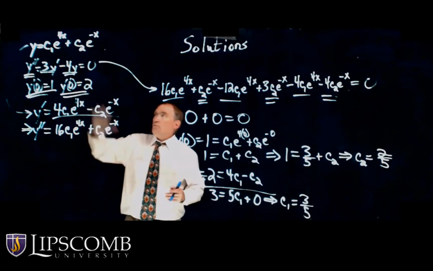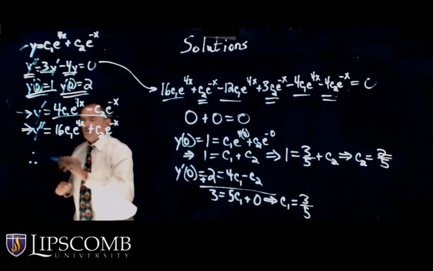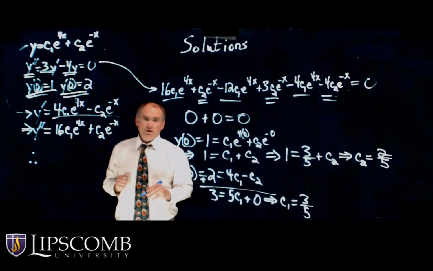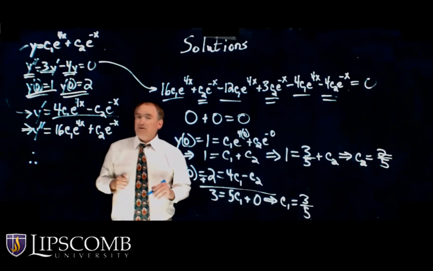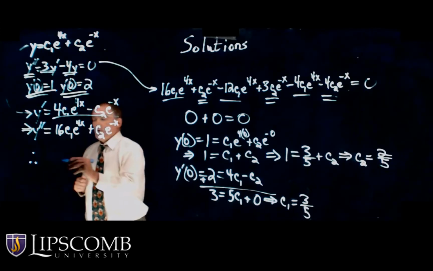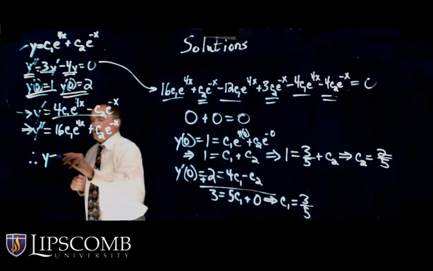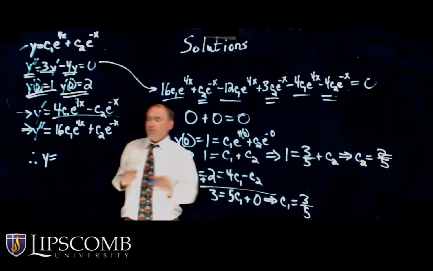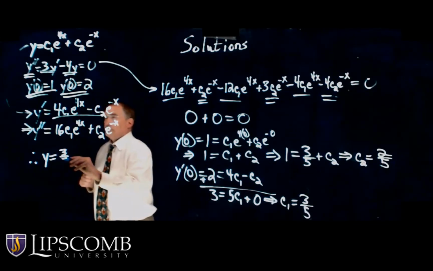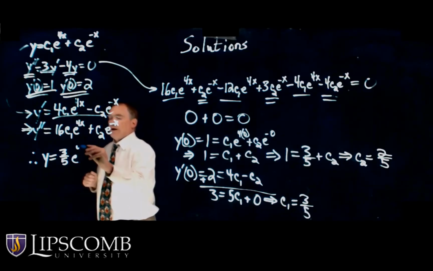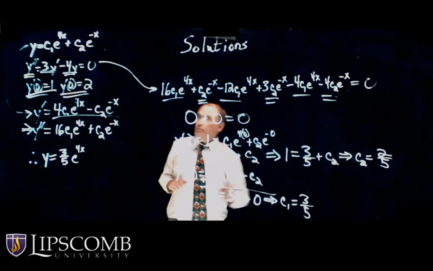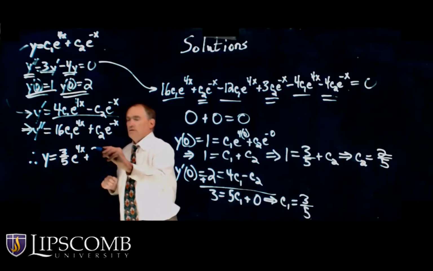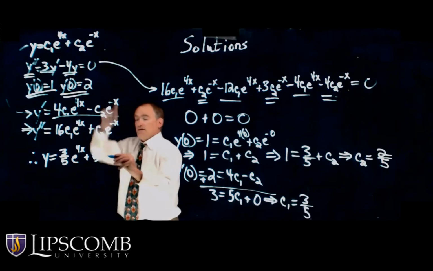So what is my solution? The particular solution to this IVP, this initial value problem, will be y equal to 3/5 e to the 4x plus C2, which is 2/5, e to the negative x.